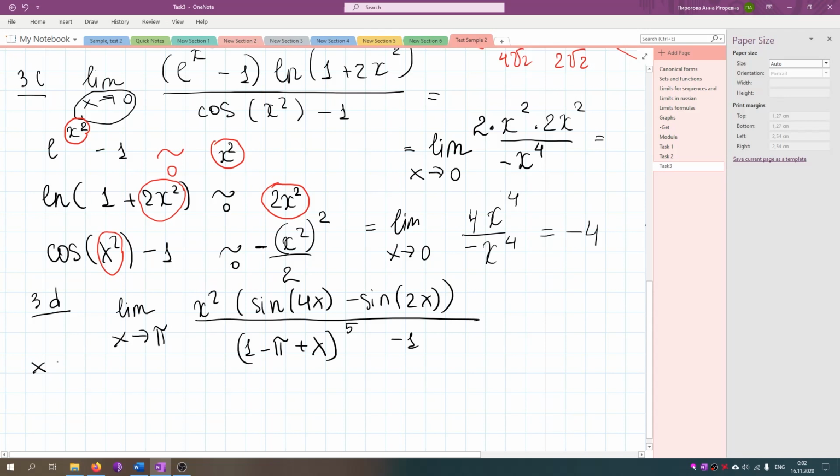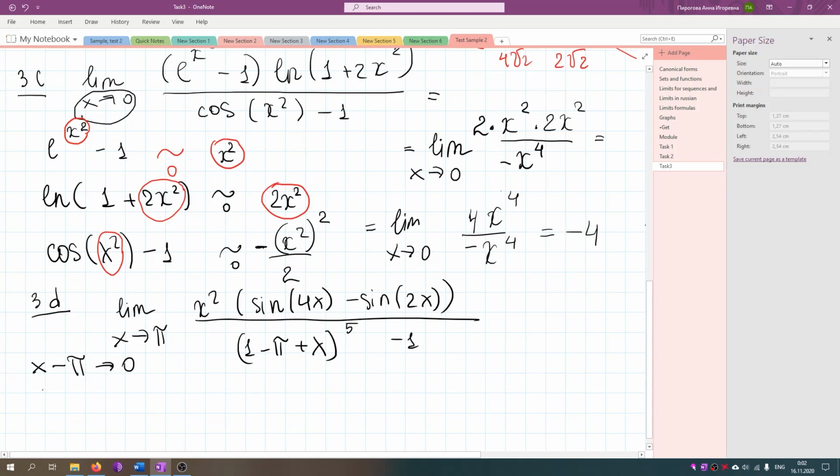So if we take x minus pi, it will converge to 0.